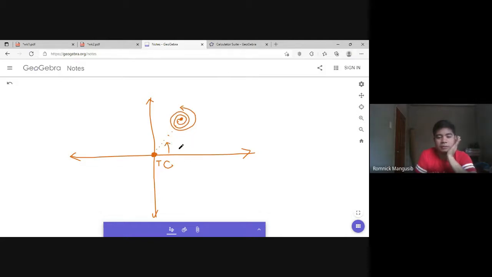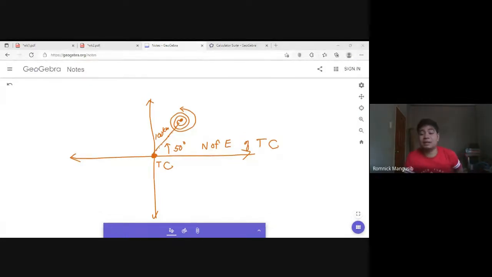Okay? This can be, let's say for example, 50 degrees north of east of Tuguegarao City. Gaano siya kalayo? Let's say for example, 100 kilometers. Kaya in a complete direction class, minsan binabanggit naman talaga ang distansya.